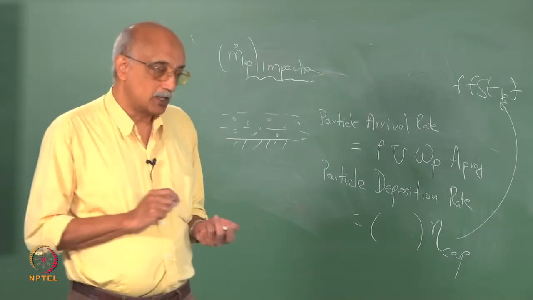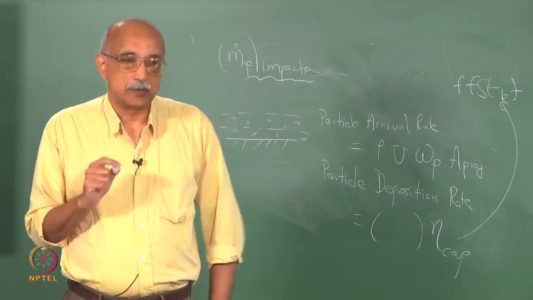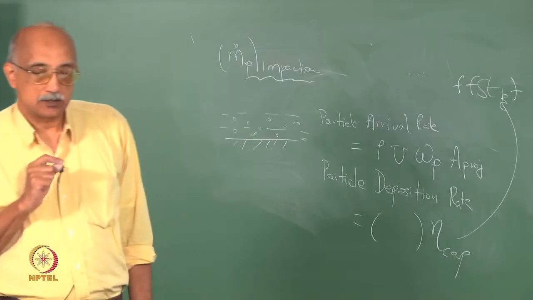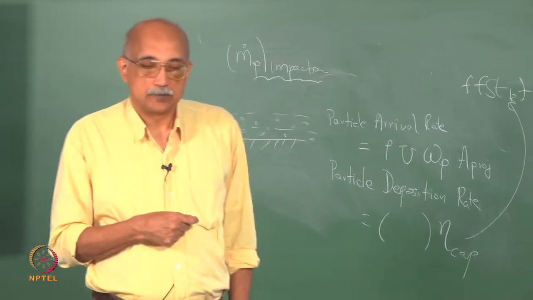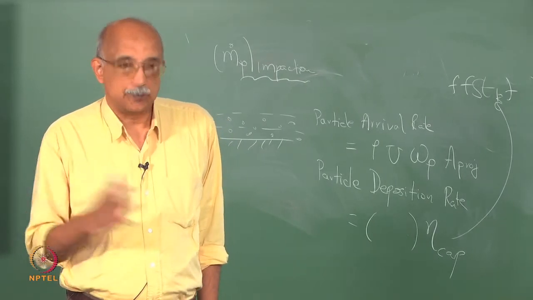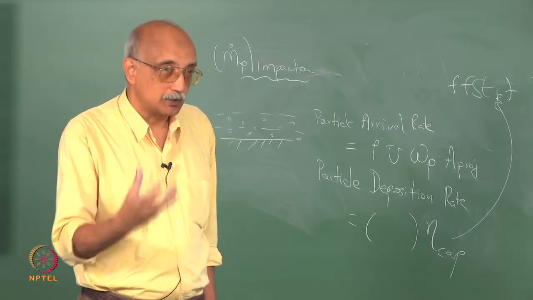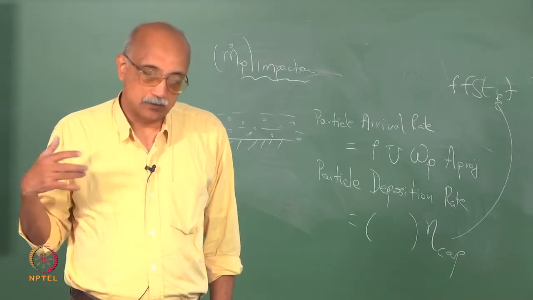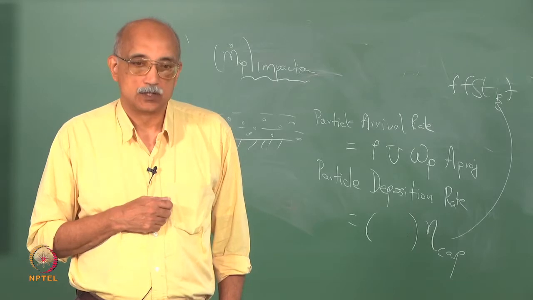The other aspect we will talk about is that mass transport is very difficult to measure experimentally, because we are talking about micrograms of materials, and it is hard to measure in a repeatable and reproducible manner. So, is there a possibility that you can make, for example, temperature measurements, and from that extract information about particle transport characteristics? That is an interesting exercise, and we will talk about that some more in the next lecture.